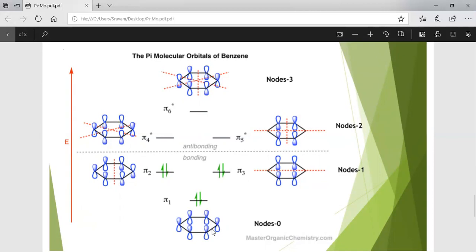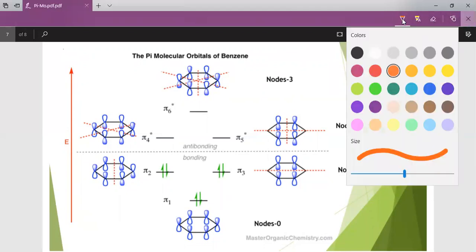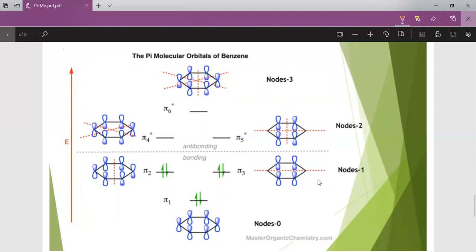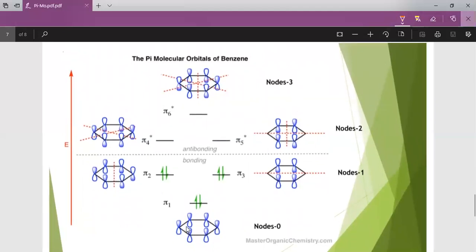I will show you clearly, 1 minute. So these are lobes which are lying above the plane, and these are the lobes which are lying below the plane.